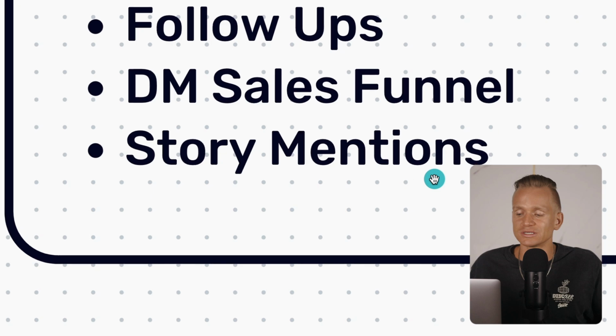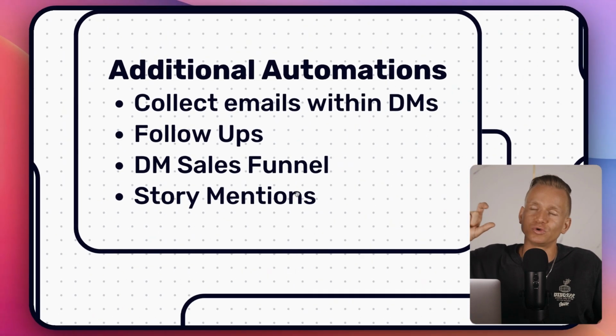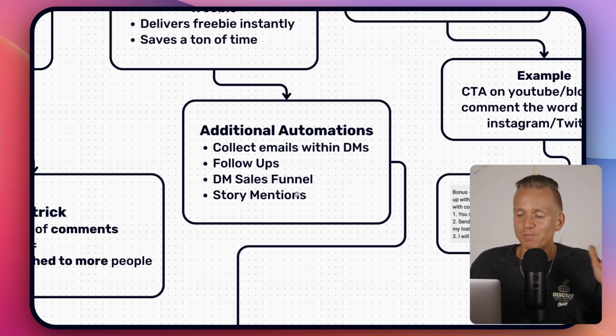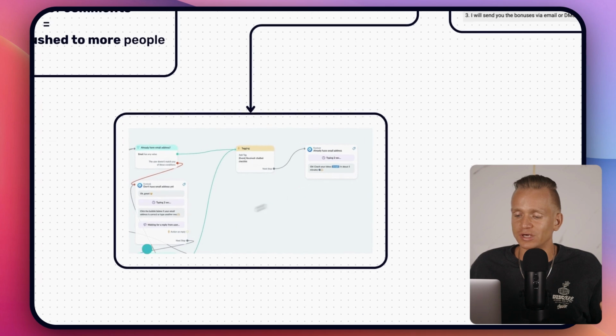And you can do story mentions. You don't just have to do it on your posts with Instagram. For example, if you post a story, or if someone mentions you, that can be a trigger, or if someone puts a specific word and stuff like that. So there's a bunch of different automations that you can set up.